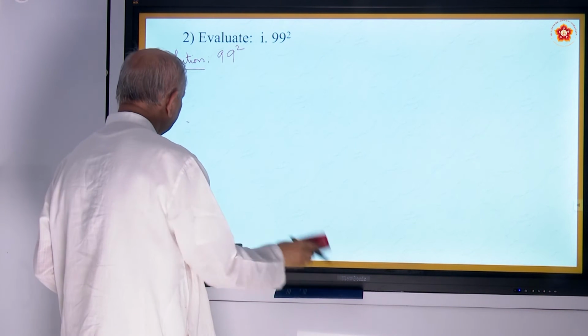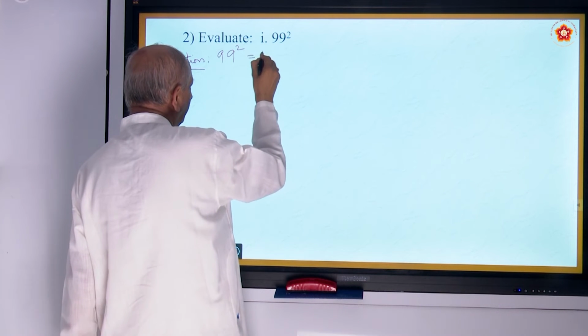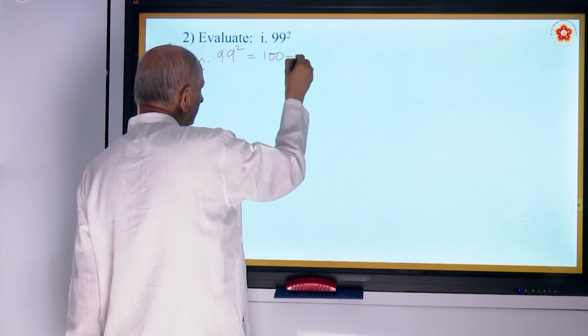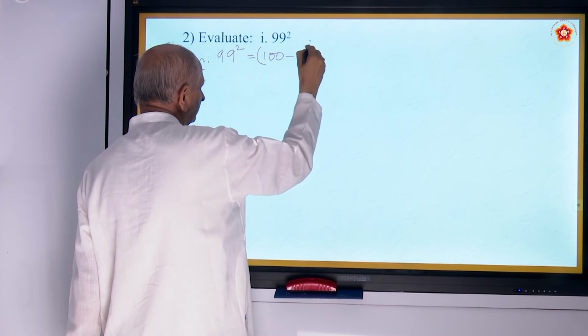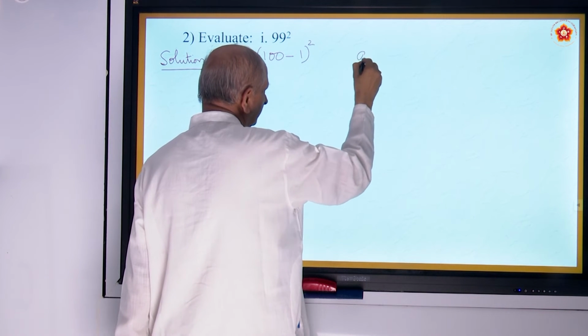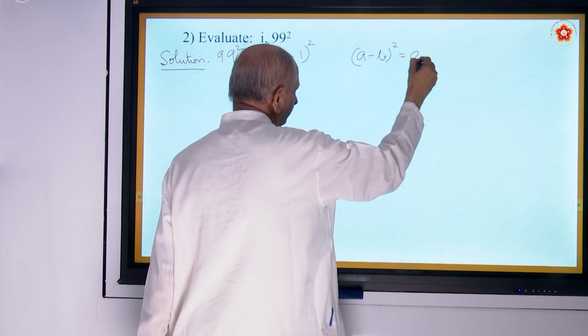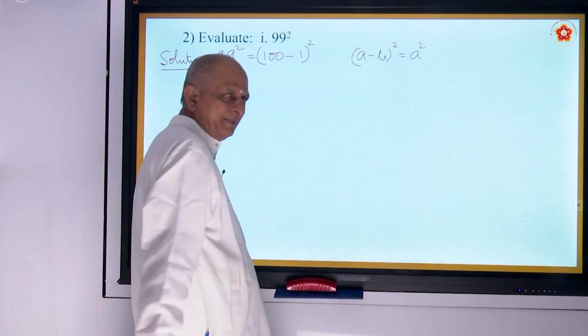How do you get 99 square? This is equal to 100 minus 1 whole square. So what is the identity? A minus B whole square is equal to A square. Come on, continue.